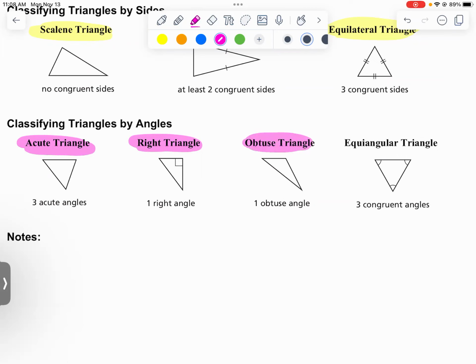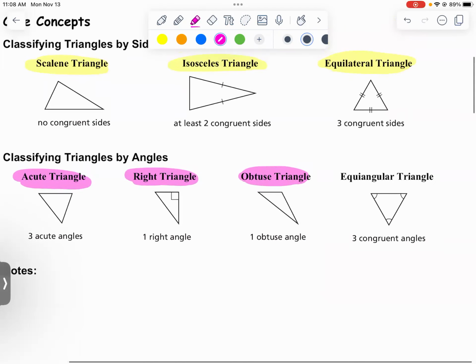Obtuse, one angle is obtuse. And it goes hand in hand, but if we have an equilateral triangle, where all 3 sides are the same, all 3 angles are the same, and that's called equiangular. It's a weird word, isn't it?